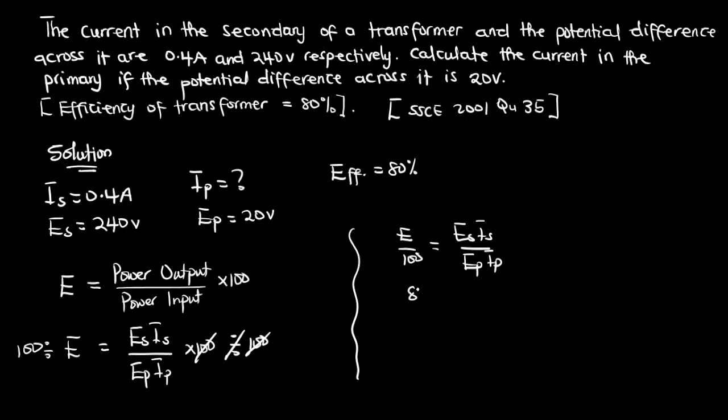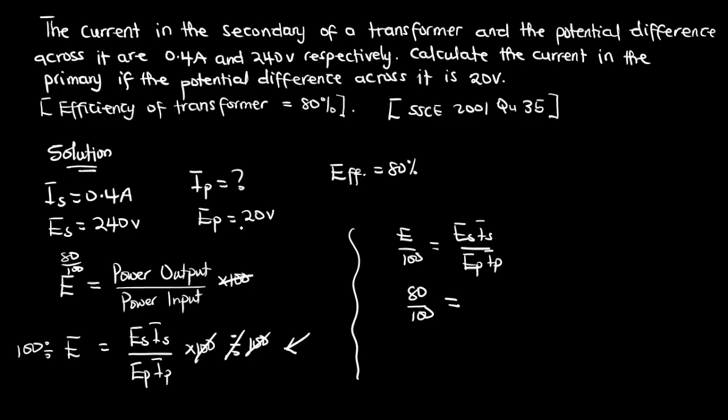My efficiency is 80, so it's 80 over 100. Are we okay? If you are confused, basically once you go to this formula, if you use 80 in place of the efficiency, then you maintain the 100 over here. But if you want to use 80%, as in 80 divided by 100, then the 100 has to go away from here. Are we okay? That's basically why I am doing all these things. So 80 over 100, which is the 80% I'm using over here, so the 100 will no longer be here.